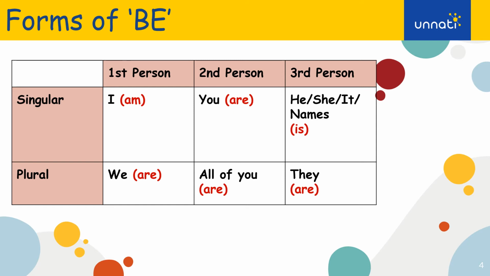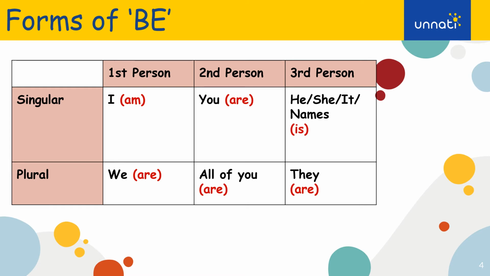So how we use them depends on whether the subject is first person, second person or third person, and if they are plural or singular in number. Now first person I, singular in number, what we use with that is am, I am. When it is first person but plural in number, that is we, we use are, we are.